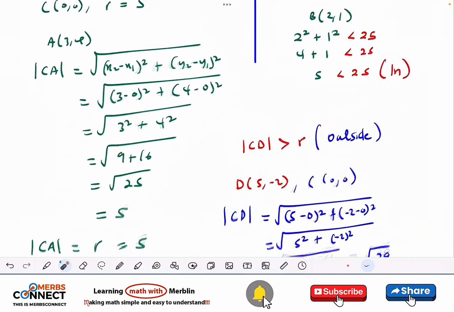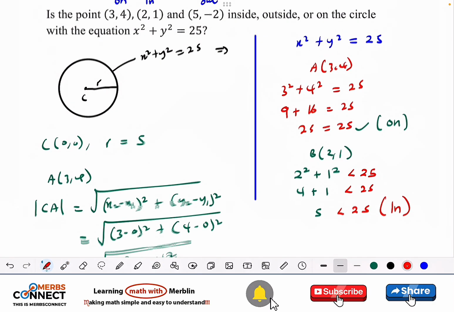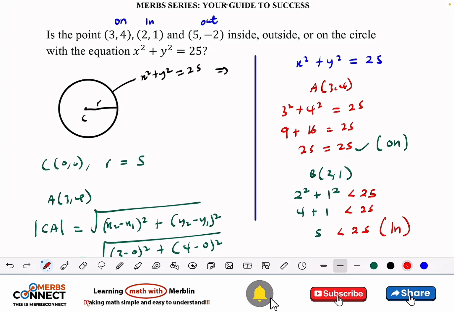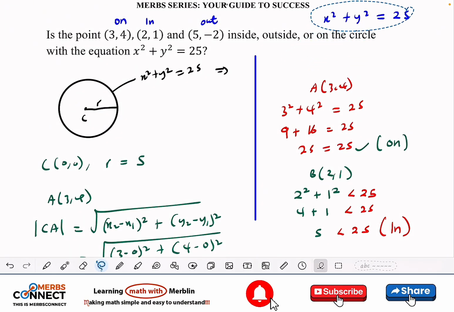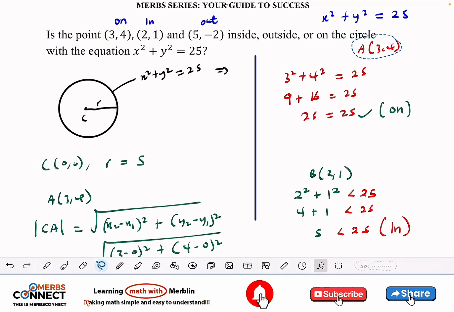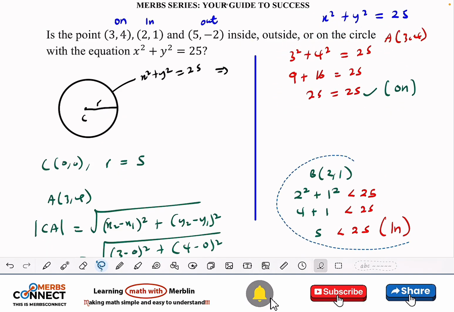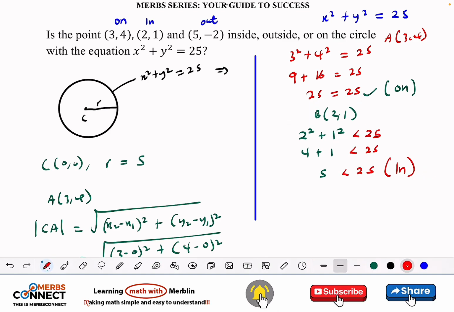And then the last one to go is the last point, D. I just want to shift some of my solution up so that I don't clean the board. Let me put my A here so that I can have space. So last one, let's pick our D. D is (5, -2).